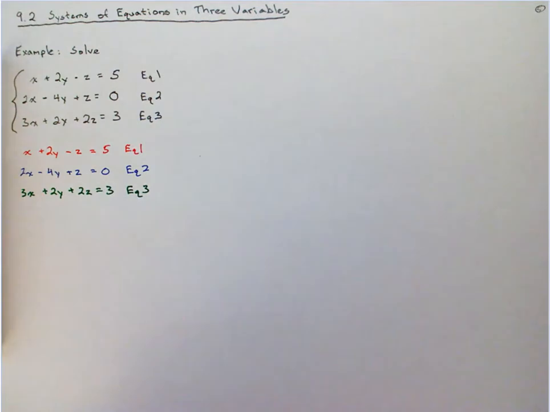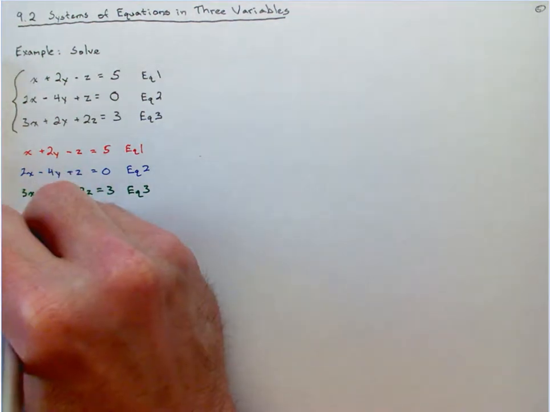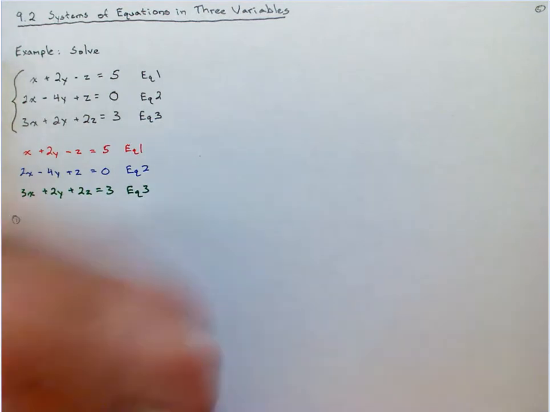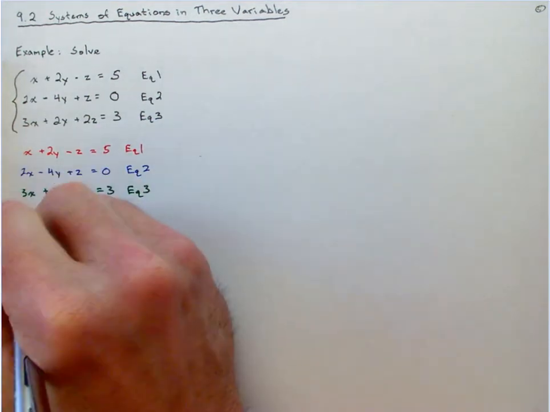Now in solving this, since you've already worked it, you may not select the same variables as I choose, but what matters is the final answer. So for my first step, I'm going to deal with x because it's just right there.